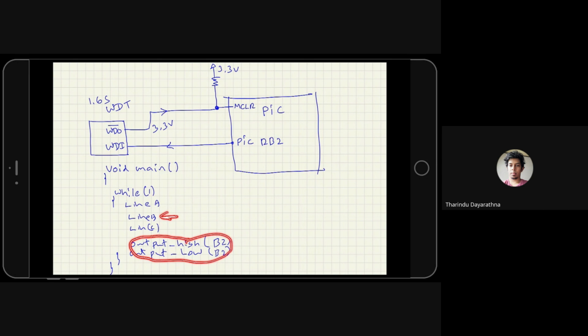If the stuck time is greater than 1.6 seconds, the external watchdog timer is not reset, which means it will make this line low and keep it for some time. After some time, it will go back to 3.3 volt, which means this will reset the PIC. Okay?